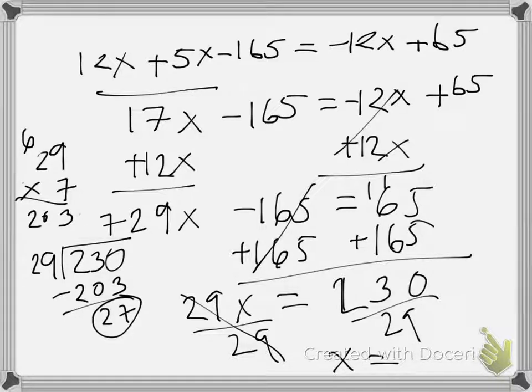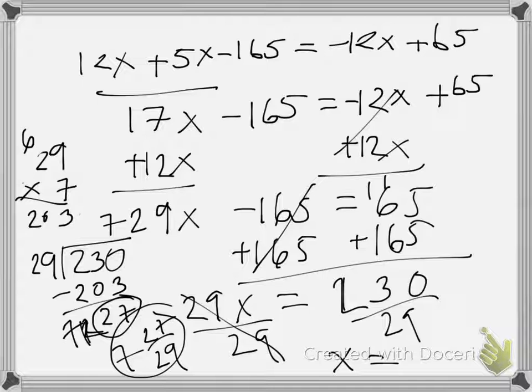So there you go. Remainder 27. So if you can leave it as a whole number or a fraction, this is the answer, 7, remainder 27. Or you can do 7 and then 27 over 29, right?